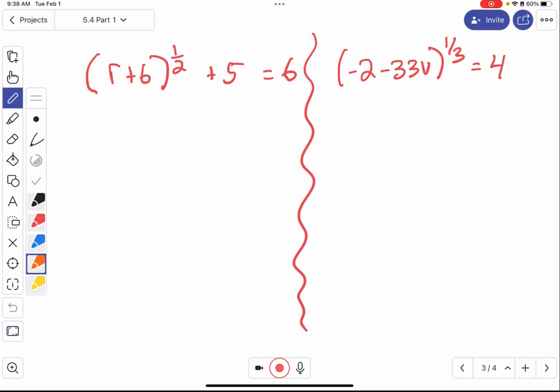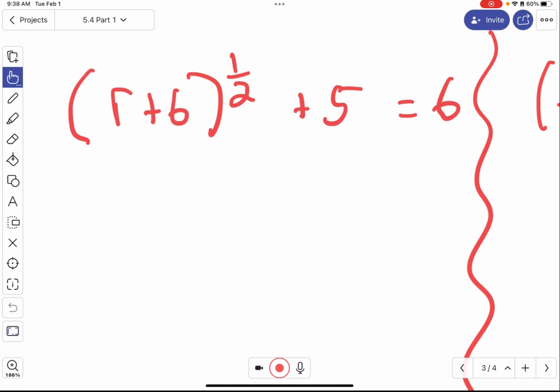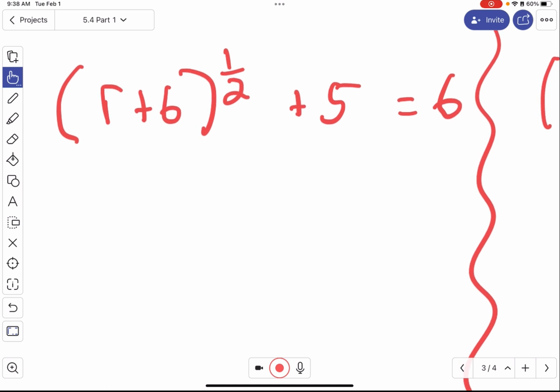Okay, now let's look at it like this. So instead of now having it written as the square root, now it's going to be written to the 1/2 power. So the first one, give you a second to write that down. We've got r plus 6 to the 1/2 plus 5 is equal to 6.